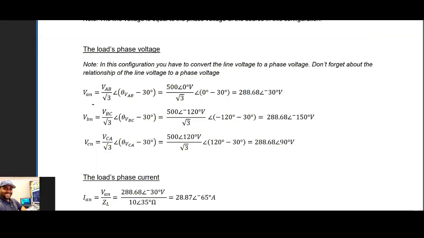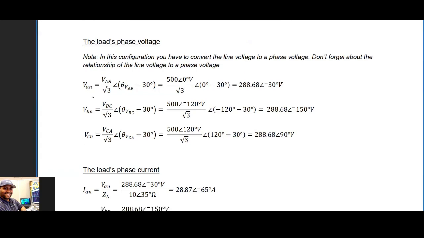So we divide it by the square root 3 to get a phase voltage. And once we subtract 30 degrees from this line voltage, we can now determine the phase voltage of VAN. And just apply the same method for the next two phases, VBN and VCN.